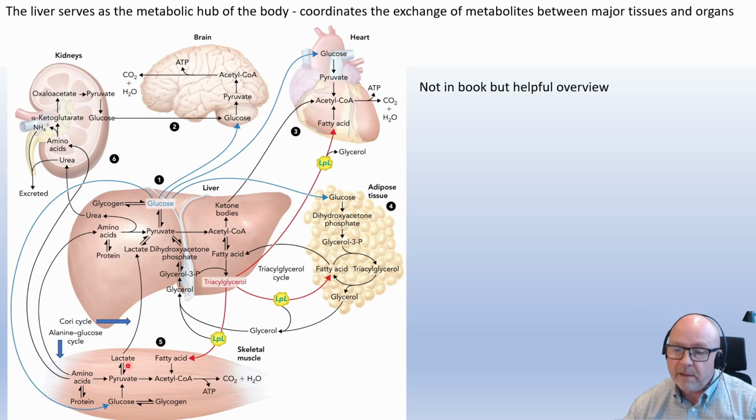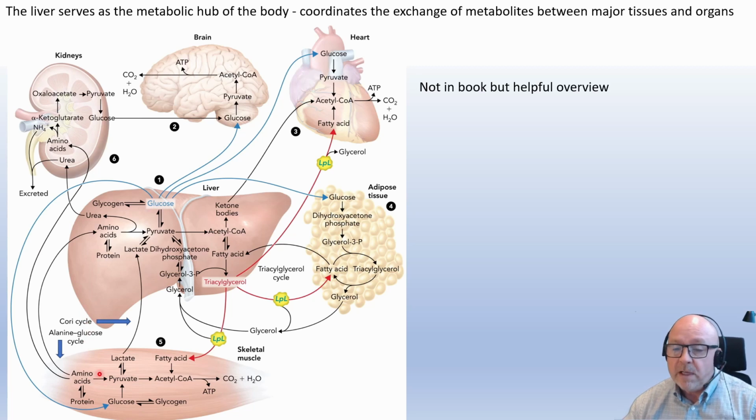You get a buildup of lactate in the muscle, and the lactate is actually transported back to the liver where it can be converted to pyruvate and then further via gluconeogenesis to glucose and redistributed back to the muscle. This is referred to as the Cori cycle. We'll meet this a little bit later on. And it's an energetically expensive way to keep the muscle supplied with glucose, as we'll see.